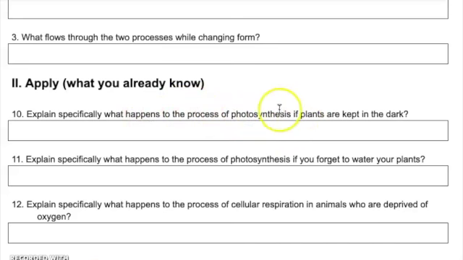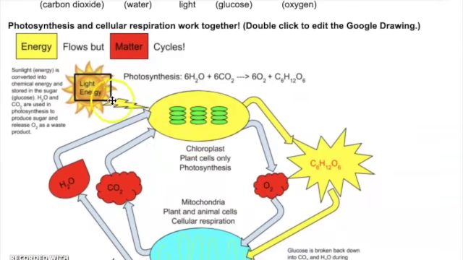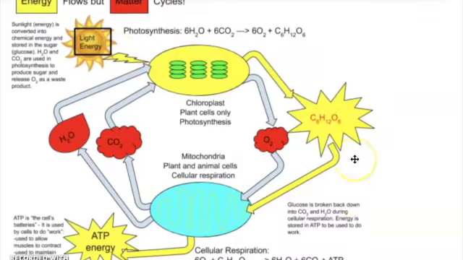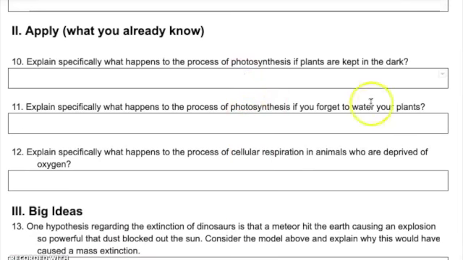So what happens with photosynthesis if plants are kept in the dark? Well, remember that photosynthesis requires sunlight. It requires light energy to actually run, to happen. So if plants are kept in the dark, if they don't have sufficient sunlight or sufficient light energy, photosynthesis will not happen.